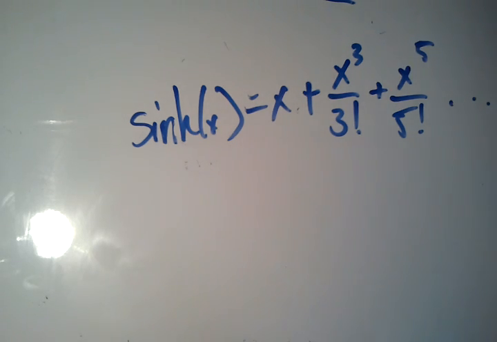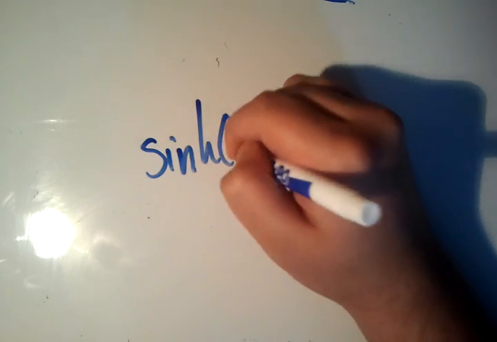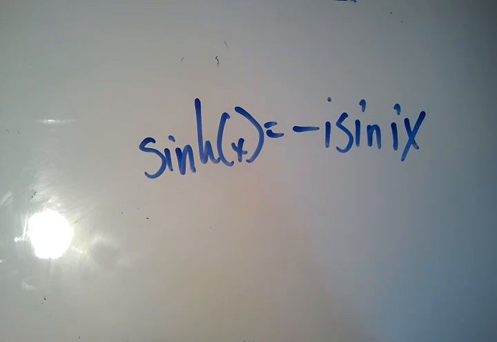So that's interesting to know as well. Another thing we can note is there's one definition that says sinh of x equals negative i sine of i x, which comes from imaginary numbers, and we could prove that eventually, but it might be an advanced proof.